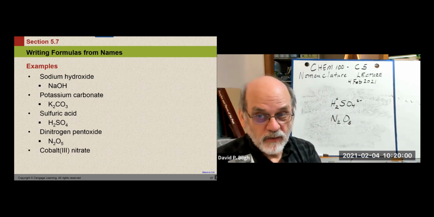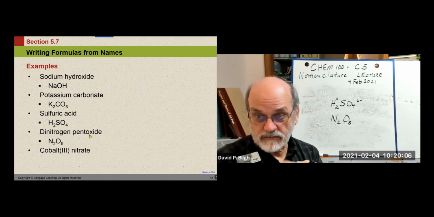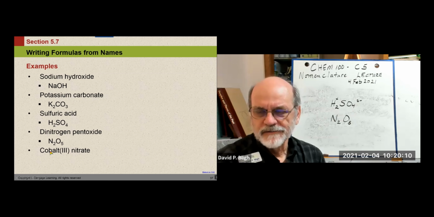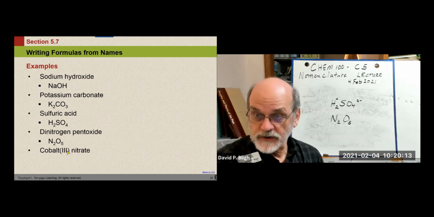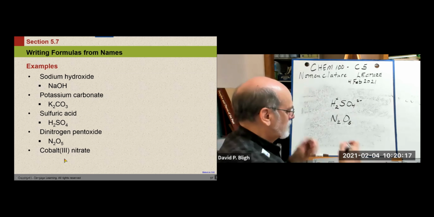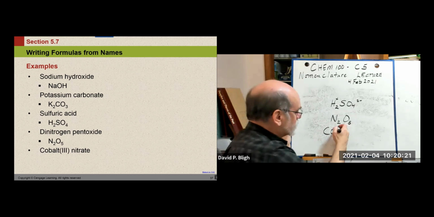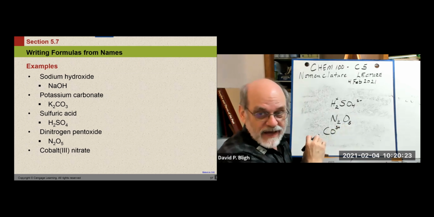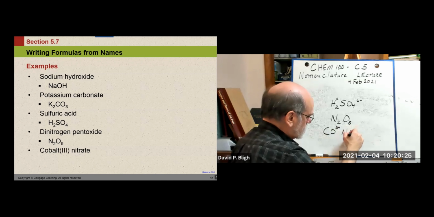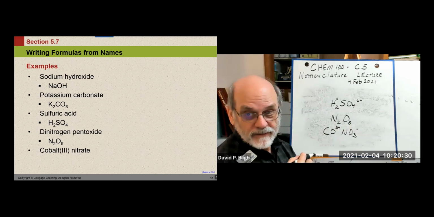Now we see a Roman numeral, type 2 compound. I mean, is that allowed? Is that reasonable? Is it correct? Well, look at cobalt. Where does cobalt come from? It's a transition metal. So yeah, that's reasonable. Does it work? Well, we have cobalt, and it has a 3+ charge, and we have nitrate that has a 1- charge, right?